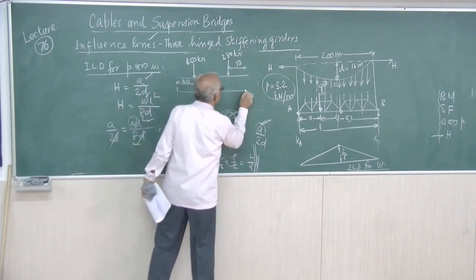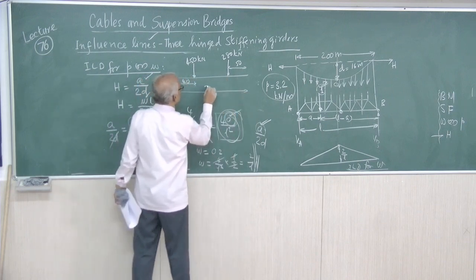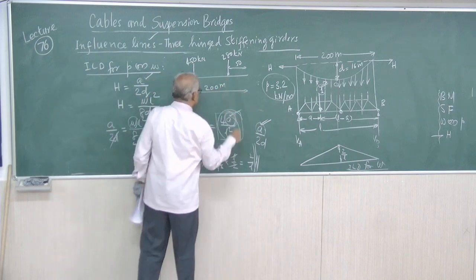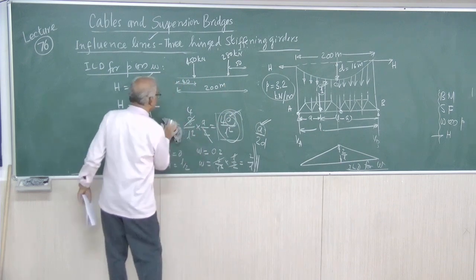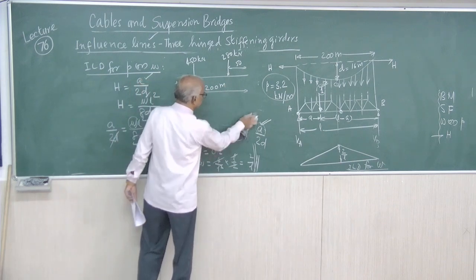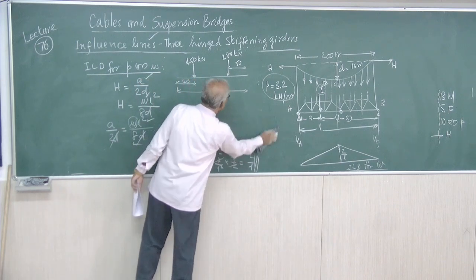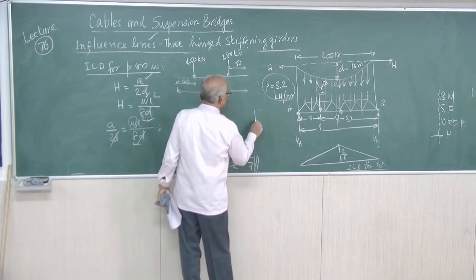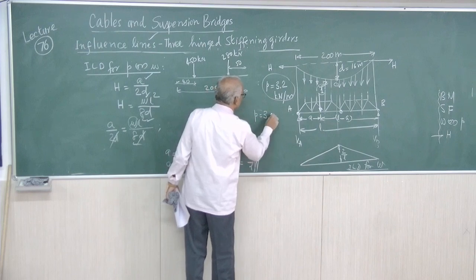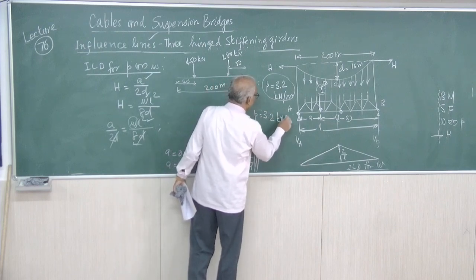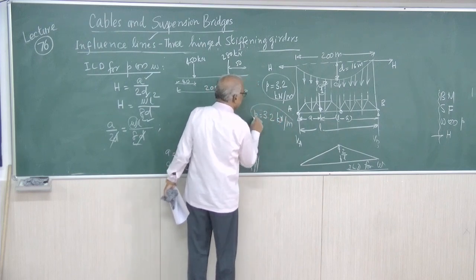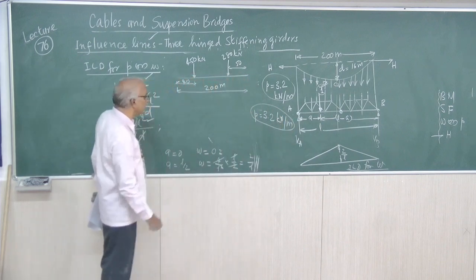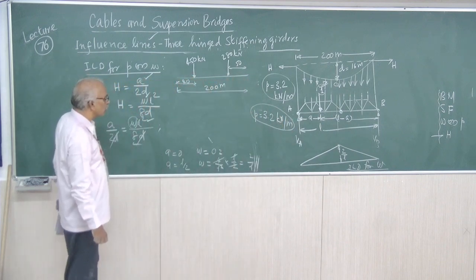The total span is 200 meters. This is the suspension bridge that we have considered in the earlier problem. Now, how to find out the value of the UDL? We have calculated the value of P equal to 3.2 kilonewton per meter. This is towards the end of the problem. We have calculated the UDL as 3.2 kilonewton per meter.